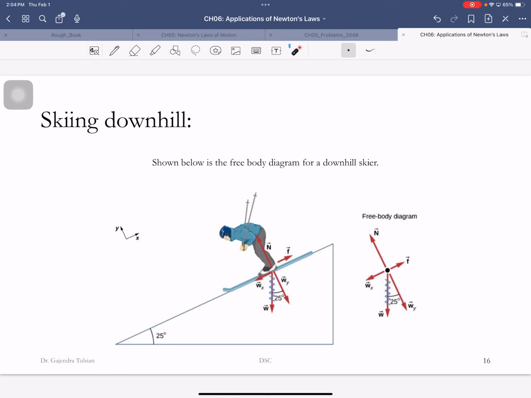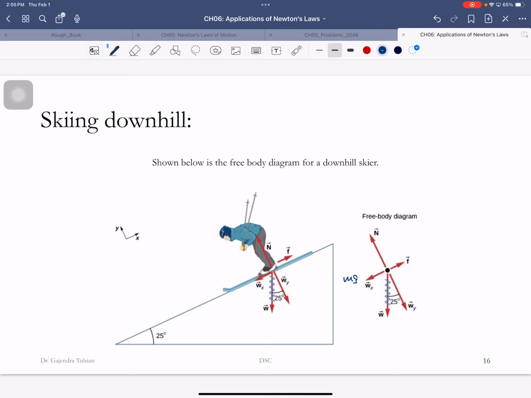Here's a free body diagram for skiing downhill. Here's the skier. There's the component of the weight, mg sine theta. Now that we've learned about friction, we're going to account for it: there's the friction force, there's mg cosine theta, and there's the normal force.